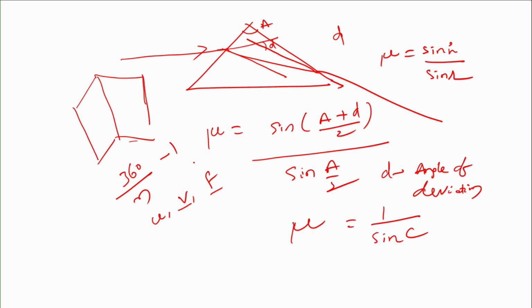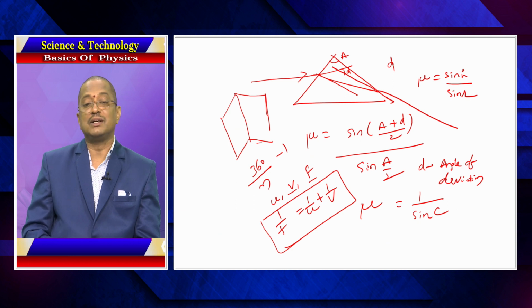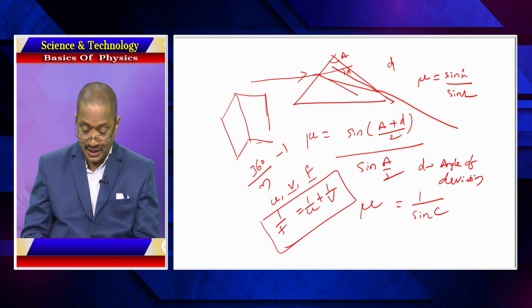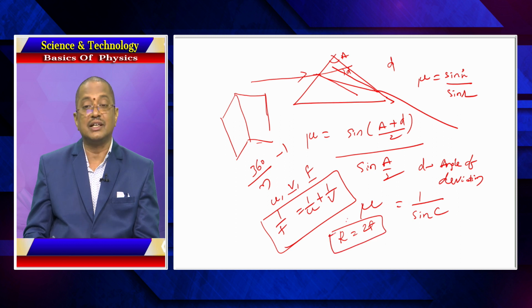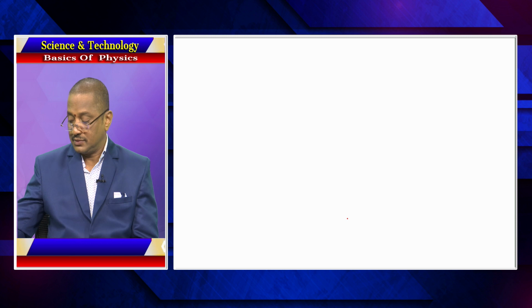Then the relation between these three is 1 by f is equal to 1 by u plus 1 by v. This is called the lens maker's formula. This is very important. And the radius of curvature is equal to 2 times the focal length. This is one more concept.